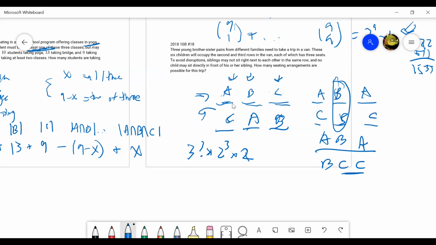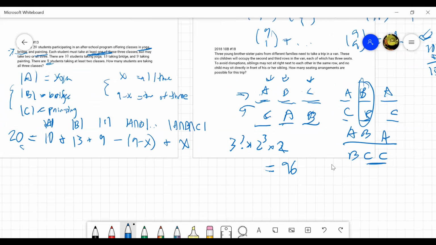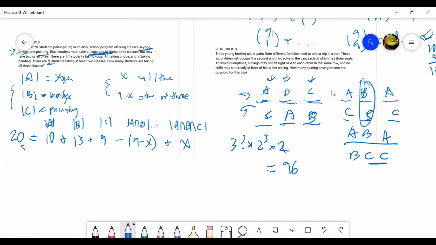So then that's just times 2, and that's 96. I kind of just rushed through this problem, but essentially this is another typical counting problem where you have to analyze the problem and then split it into smaller problems so that you can have linear, logical thinking. All right.